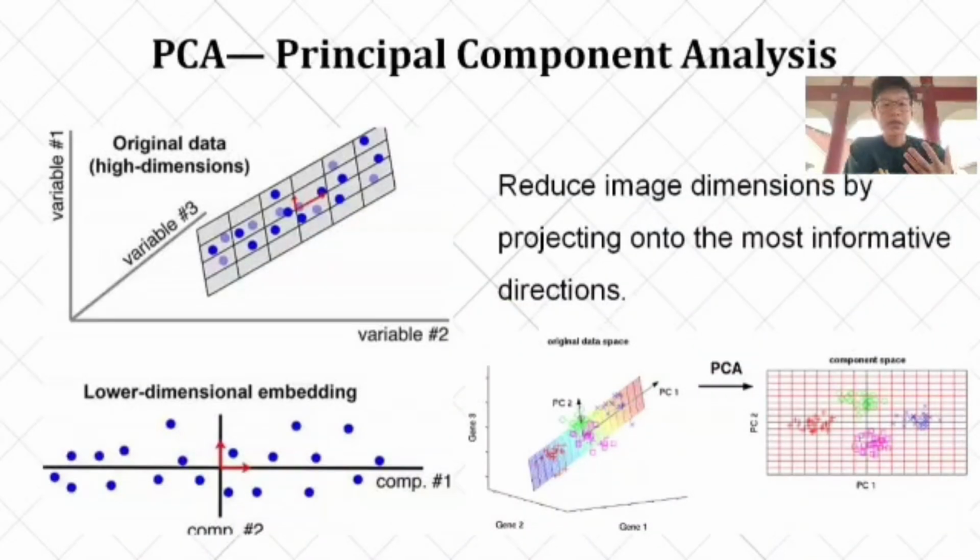PCA is Principal Component Analysis. It's used to reduce image dimensions by projecting onto the most informative directions. You see how these high dimension data are compressed into low dimensions from the picture.